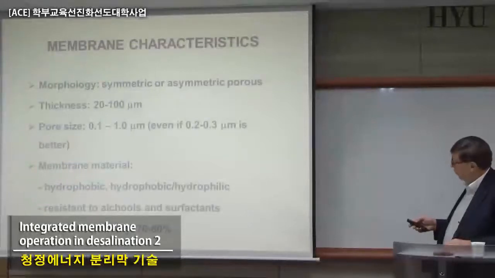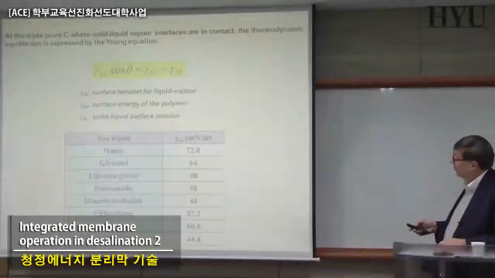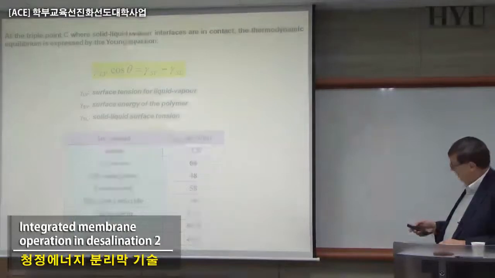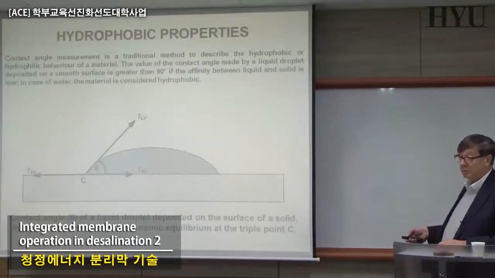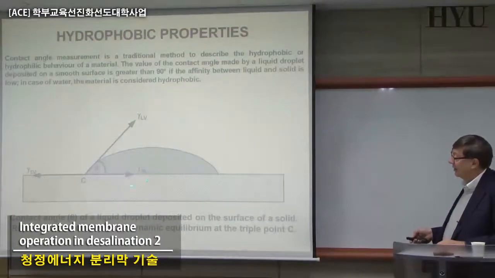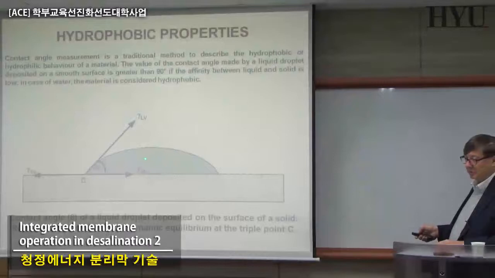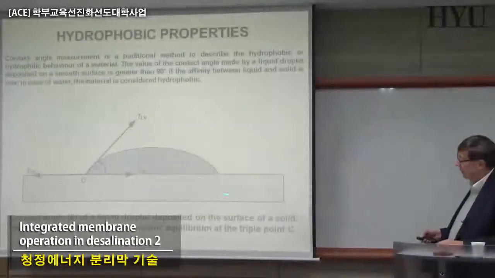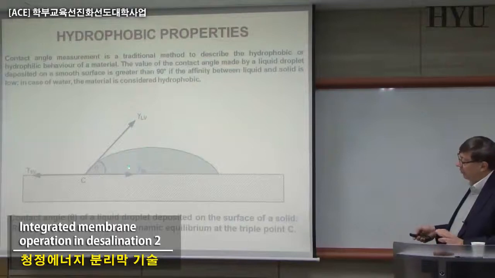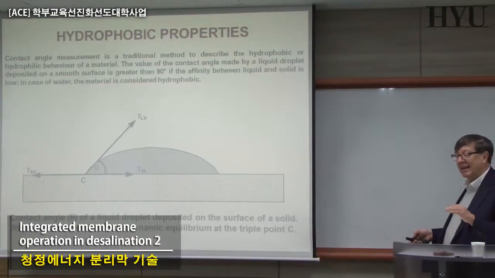I'm going quickly because, first of all, everything is related to these properties of your membranes. That is the typical contact angle of a water droplet on a hydrophobic surface. It is not very hydrophobic in this case, because the contact angle is still not too high. When this contact angle is lower than 90, the surface is hydrophilic.